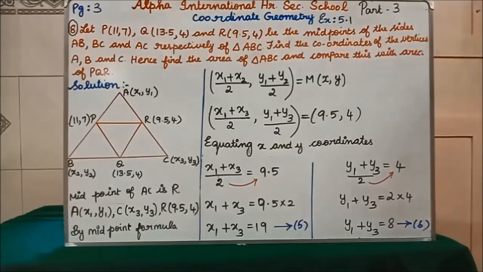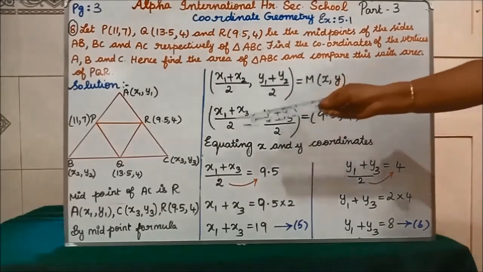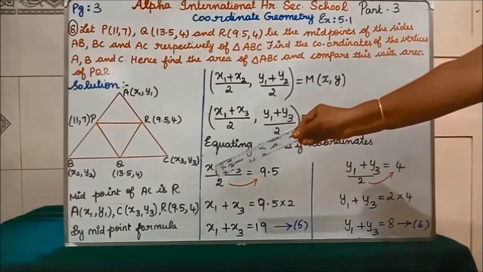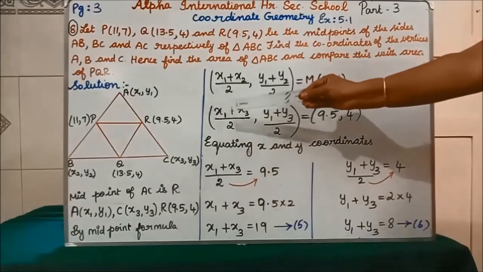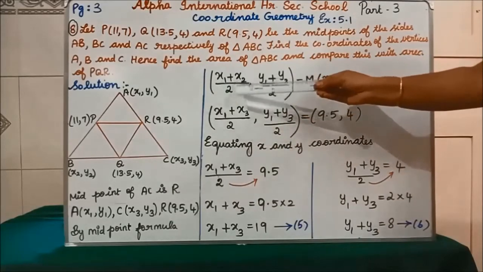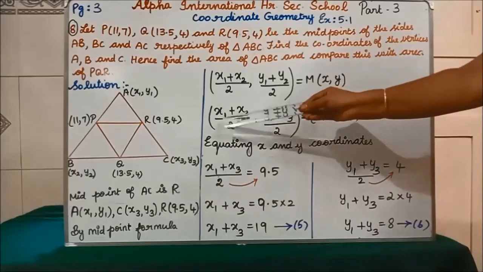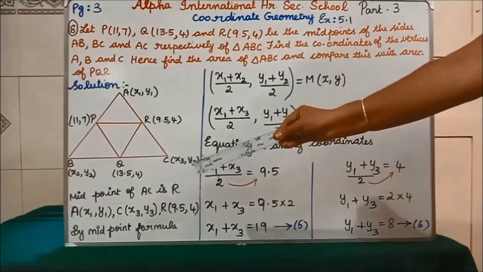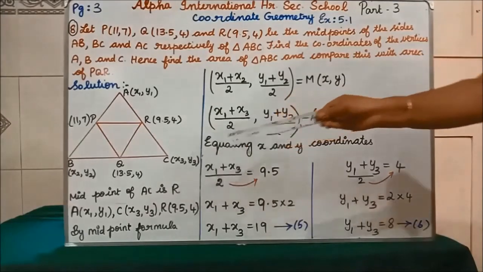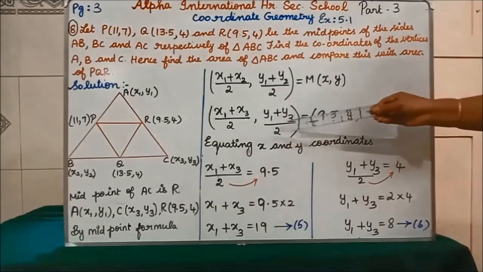Now if you see here, in the vertices we have x1, x3, and similarly y1, y3. So in the place of x1 itself we put x1, and in the place of x2 we have x3. So (x1 plus x3)/2, and for the y values we have y1, y3, so (y1 plus y3)/2.